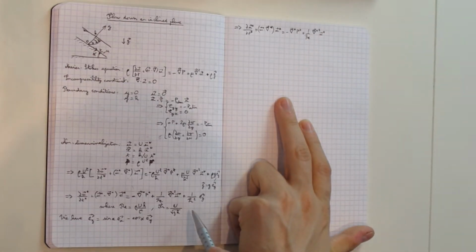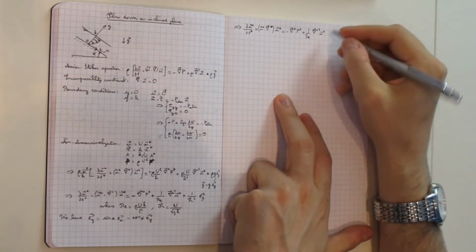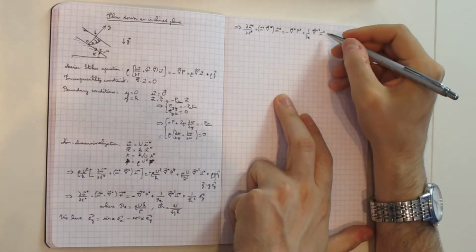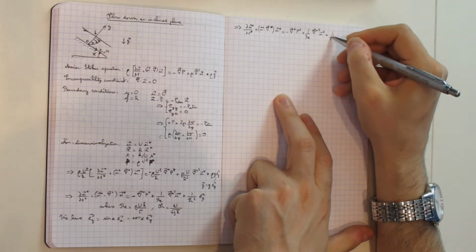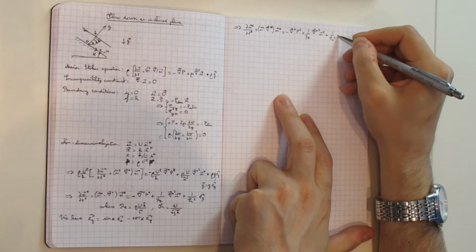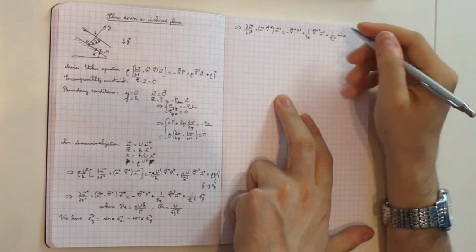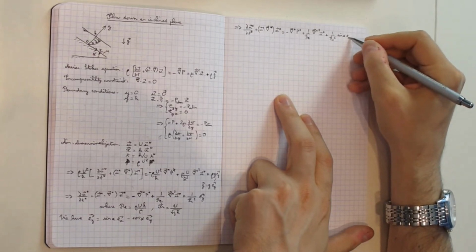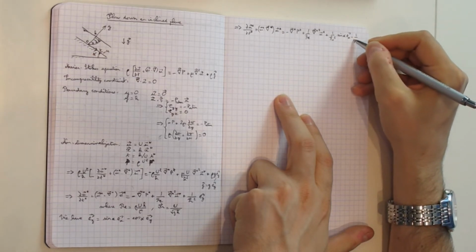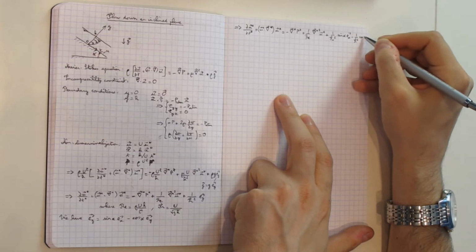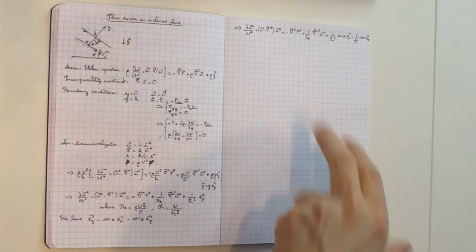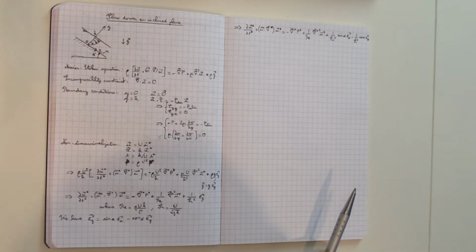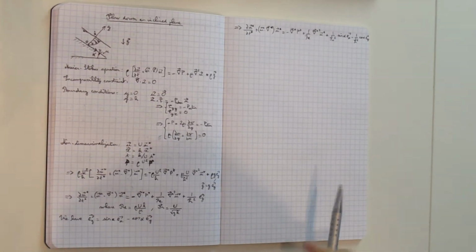And then here I've got my 1 over Froude squared, so I've got plus 1 over Froude squared sine alpha in the Ex direction minus 1 over Froude squared cos alpha in the Ey direction. Okay, so this is our Navier-Stokes equation.